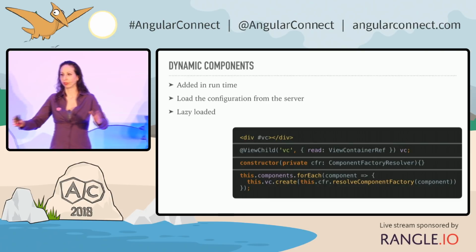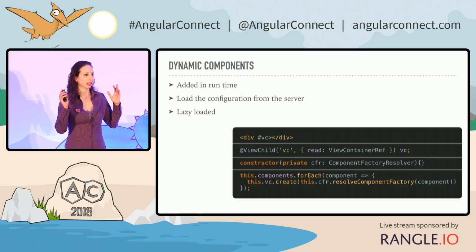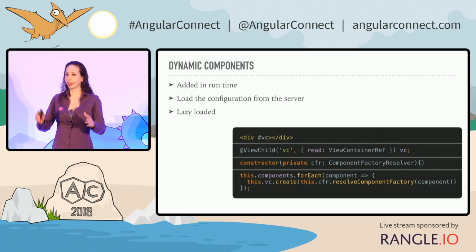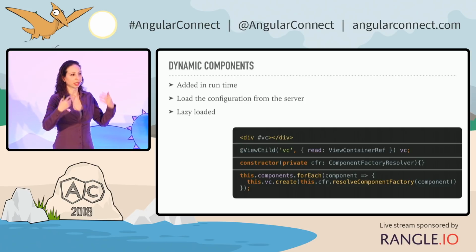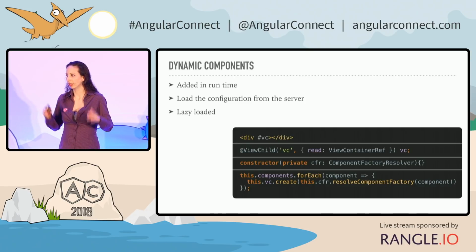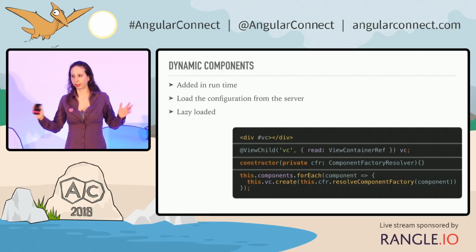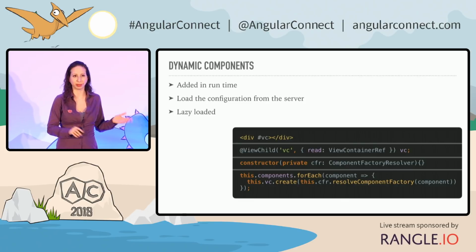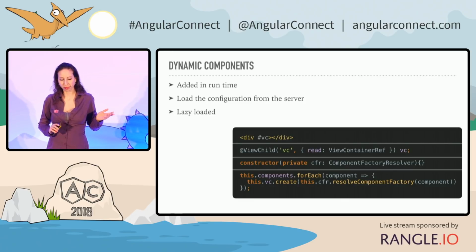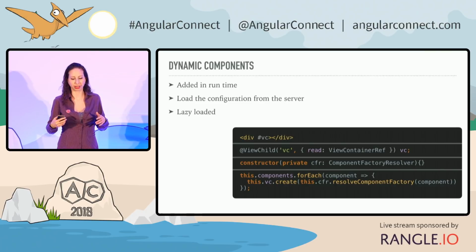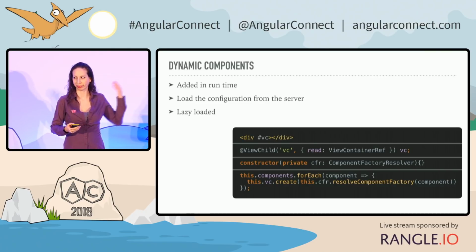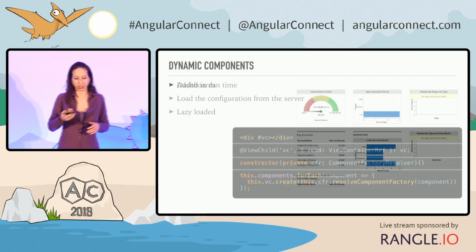So you can wrap each component in an ng module and build it separately and load this module only if you need it. So lots of code that is not going to be shipped unless it's needed. Okay? So these are the basics, but we're going to go over the code again in a few moments.